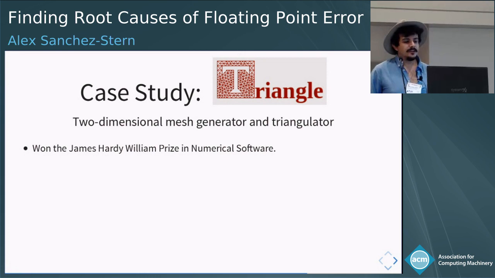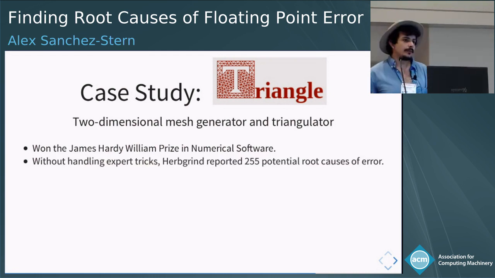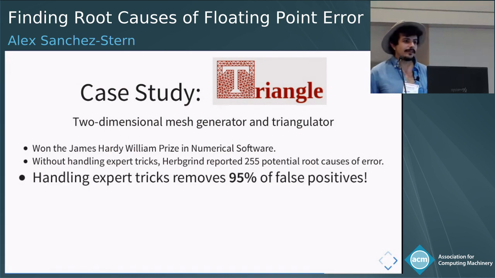If we turn off our handling of expert numerical tricks, HerbGrind actually produces 255 potential root causes, which we know is not quite right. And we investigated these manually and found that actually the program was doing the right thing. When we turn on our handling of expert numerical tricks, 95% of those false positives go away. So we found the system's actually really effective.